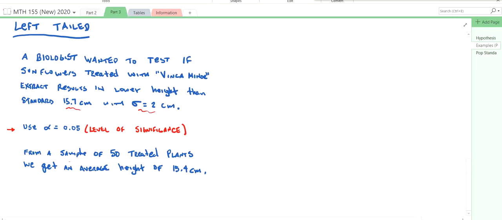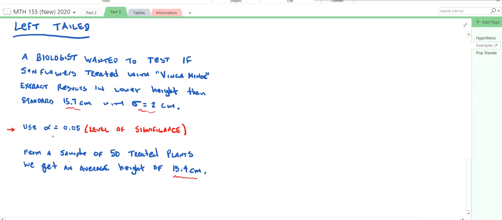So what are we trying to do in this problem? Well, even though this has come out to be a value that's lower than 15.7 centimeters, we haven't really statistically shown that these plants have a different population mean than 15.7 centimeters by a large enough margin for us to be convinced.